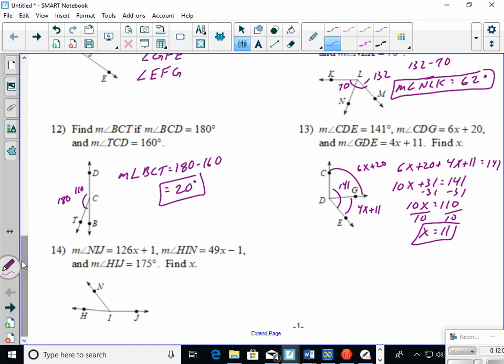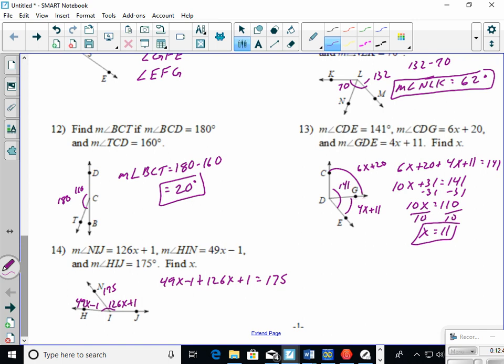14. And IJ is 126x plus 1. HIN is 49x minus 1. And HIJ, the whole thing, is 175. So the two small angles, 49x minus 1 plus 126x plus 1, has to equal the total, which is 175.